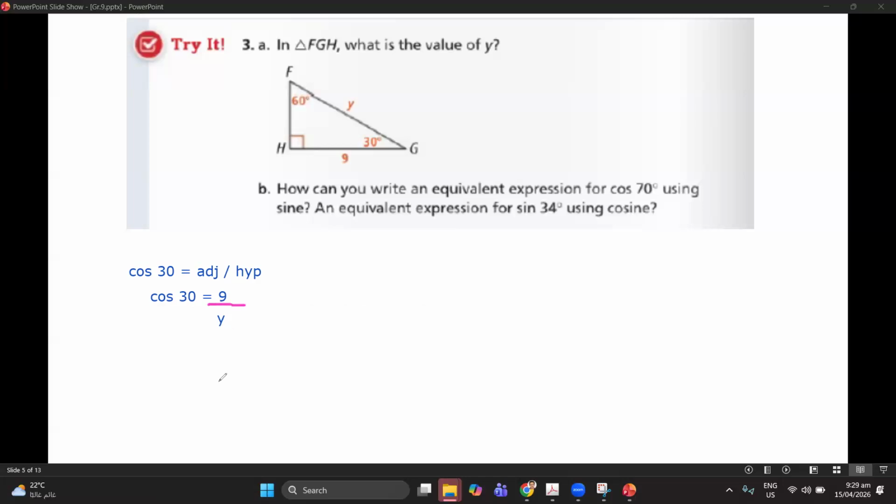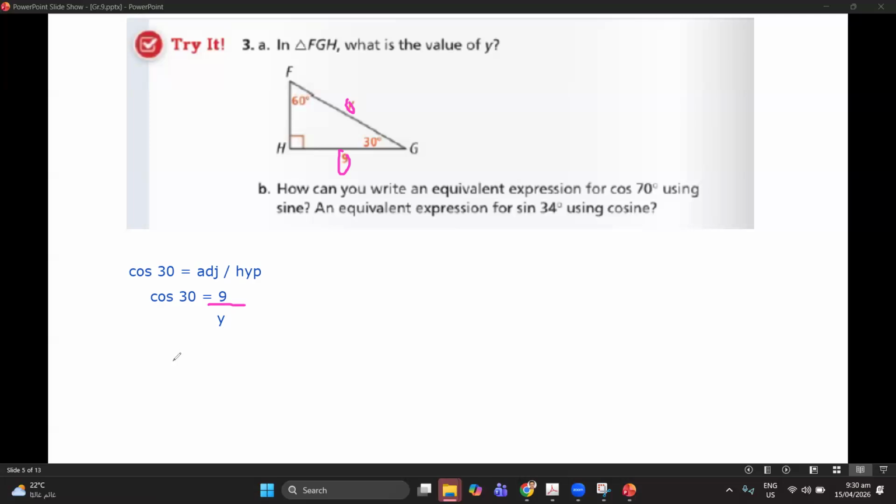So this is the first way I see what's given according to the given angle 30. I have the adjacent 9 and I need to find the hypotenuse, which is y. So cosine 30 equals 9 over y. If the denominator is unknown, you switch the cosine with y.